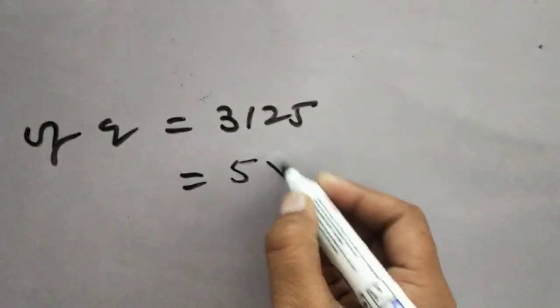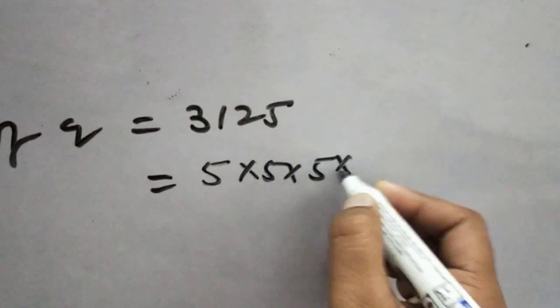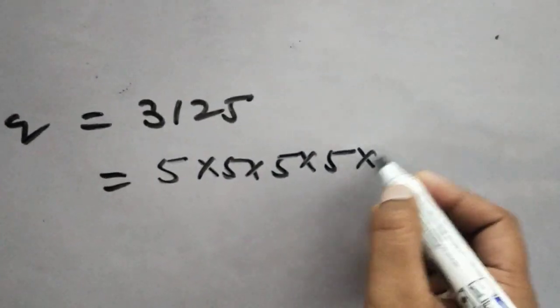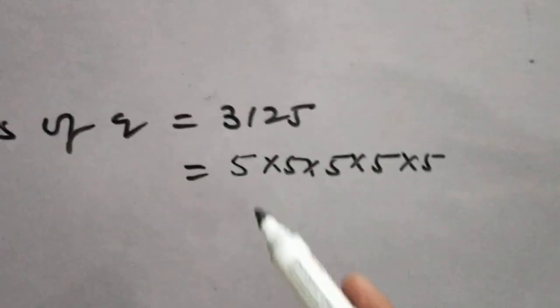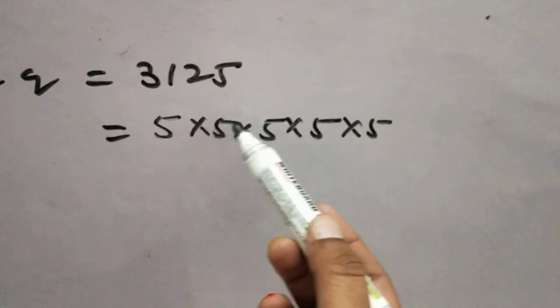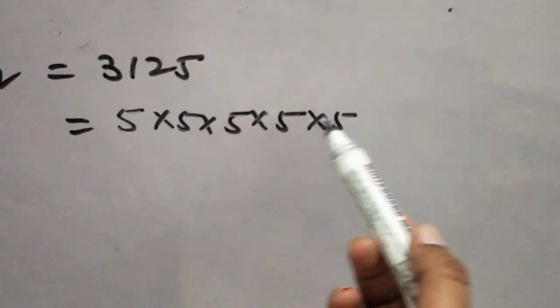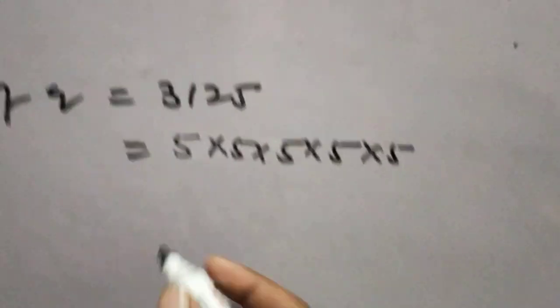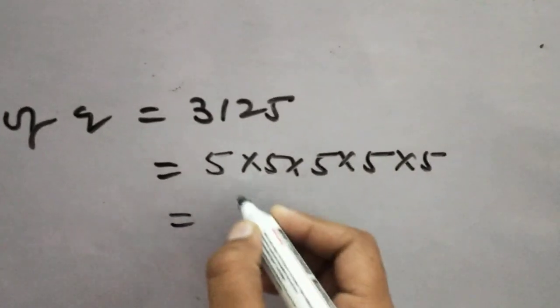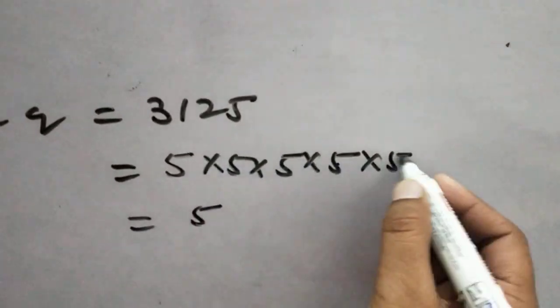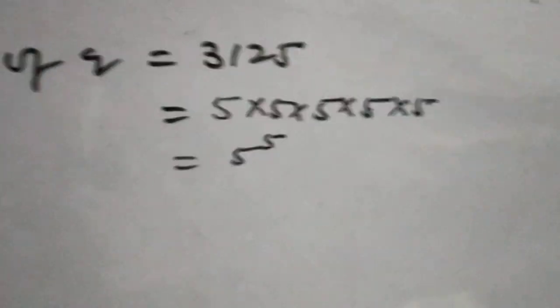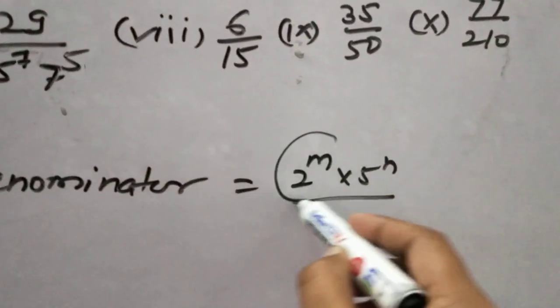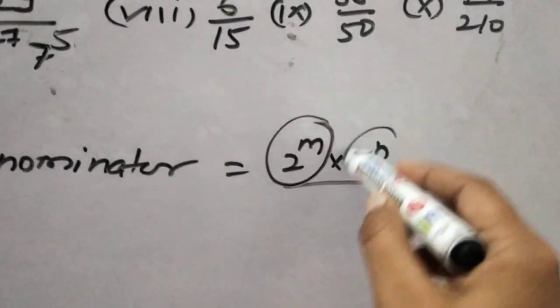Then you find 5 into 5, into 5, into 5, into 5. 5 5s are 25, 5 25s are 125, and so on, until 5 into 625 is 3125. This is in the form of 5 to power 5. Here you do not find the 2 to power condition, you find only 5 to power n.